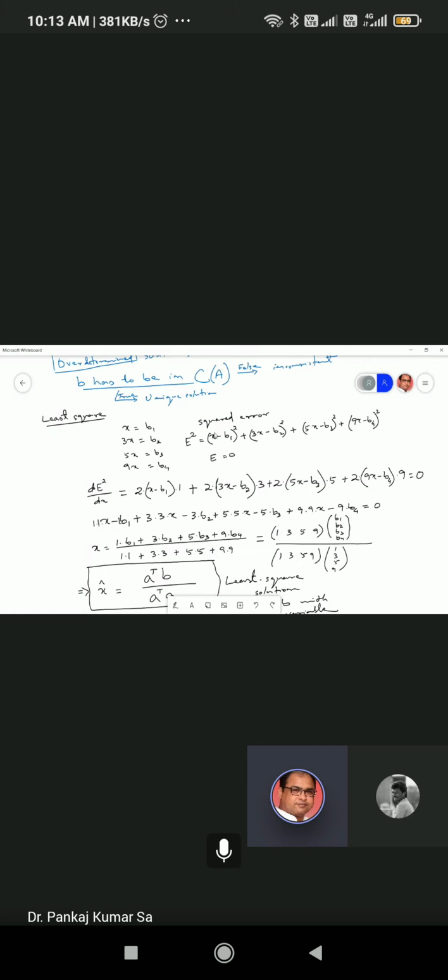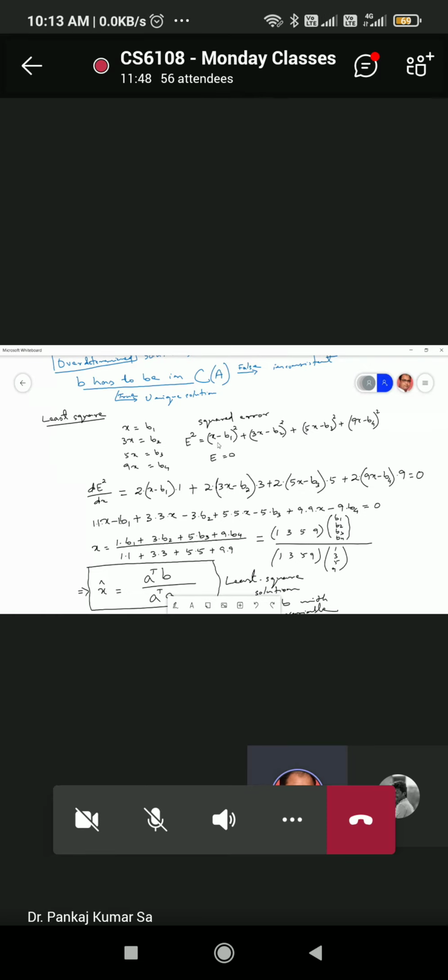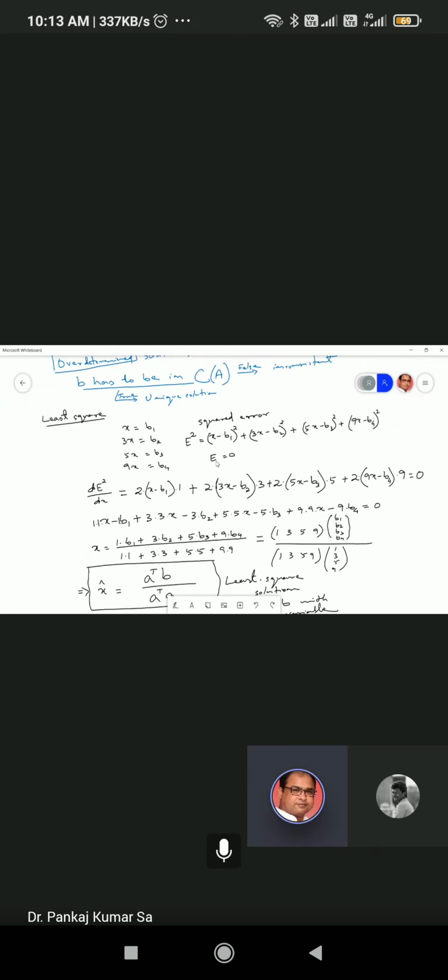The line that passes through all these points, or the line that represents all these points, should have minimum error, that is x minus b1 should be as close to 0. Similarly 3x minus b2, and this is what we started with.